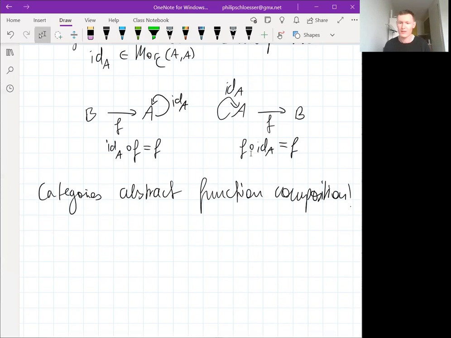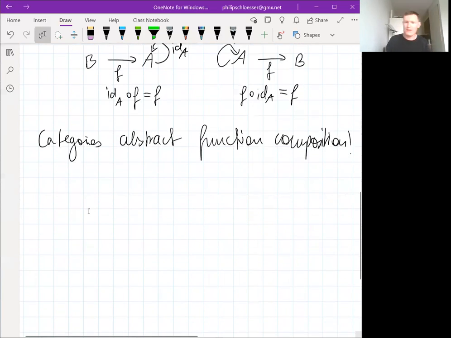So very important thing whenever a new kind of algebraic structure, or generally a new kind of thing is introduced, ask, what are its morphisms?